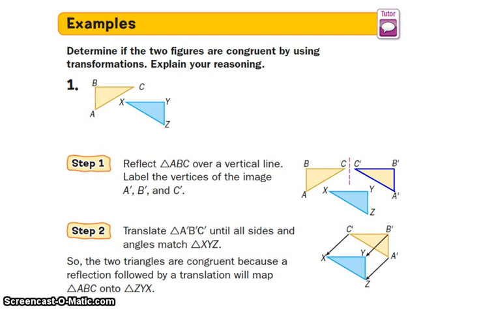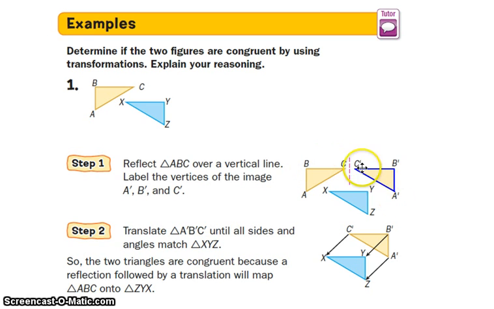Determine if the two figures are congruent by using transformations. Then it says, explain your reasoning. Okay, so here's triangle ABC, and we have triangle XYZ, and we want to know, are they congruent? Are they the same shape and the same size? So what we have to do, we have to use transformations. So let's take triangle ABC and let's reflect it. Okay, so here's my first reflection.